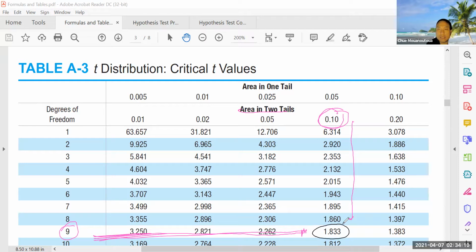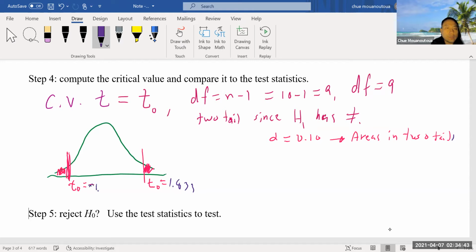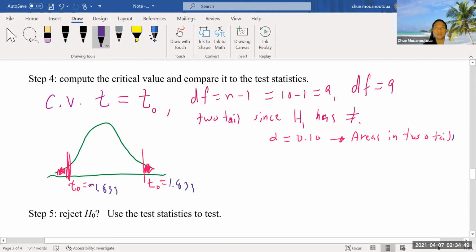Our critical value T this time is 1.833. Now, the fact that we have a two-tailed test, we're going to have a positive and negative 1.833. Okay, so we will go back here. I'm going to put our critical value here. So 1.833 on the right and the negative 1.833 on the left.